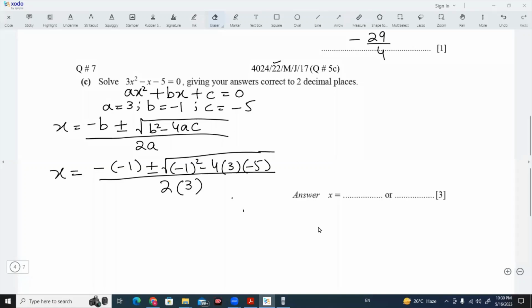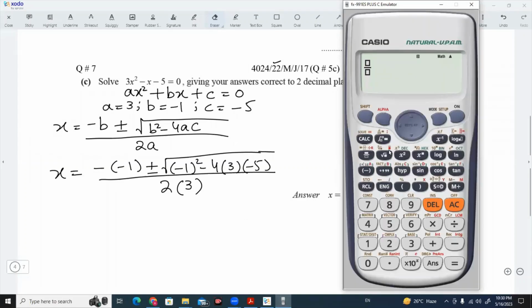So we have to write this as it is in the calculator, then we can get the answer. Write down minus, and inside the bracket write minus as well, close the bracket, then plus, and then square root.